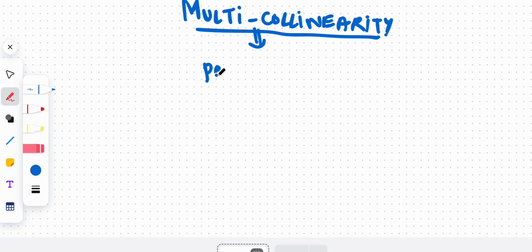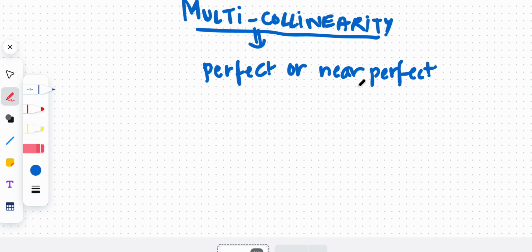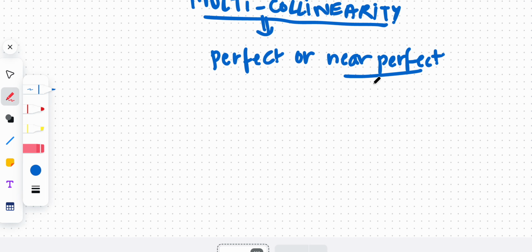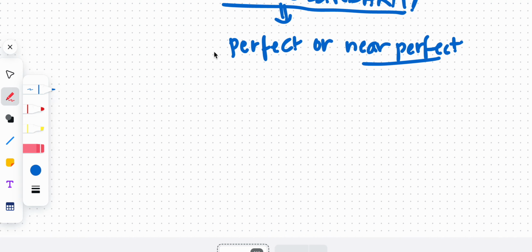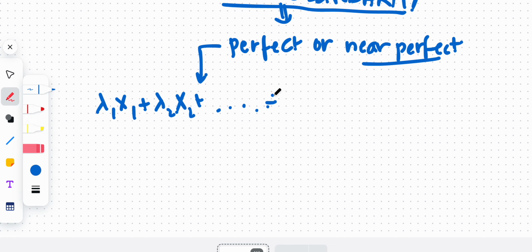Existence of perfect or near perfect, that would mean imperfect, relationship among some or all of the regressors in a multiple regression model. So a perfect relationship would mean lambda 1 x1 plus lambda 2 x2 up until lambda k xk is equal to 0.